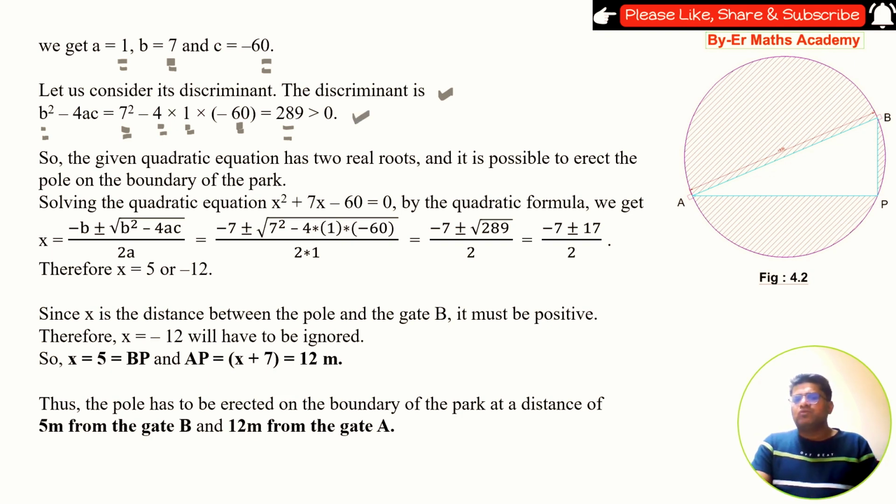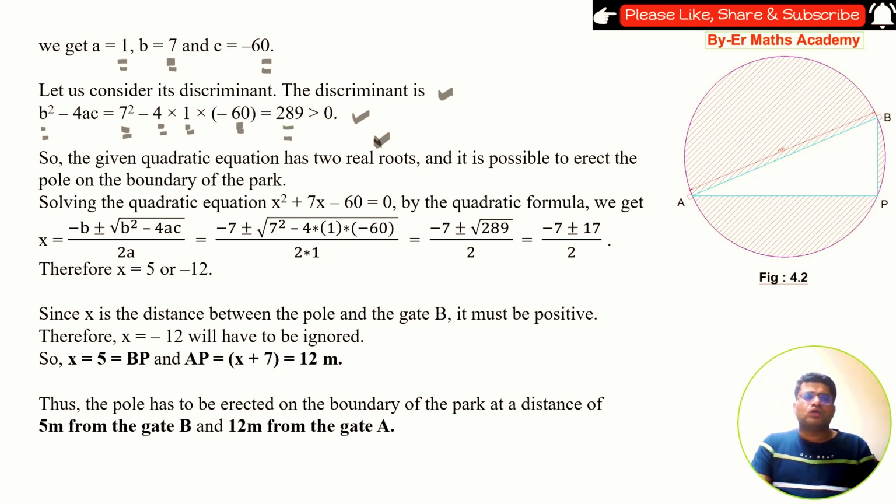What do you say about the nature of the quadratic equation? It has real roots, and both real roots are different. It means we find two different real roots from the required equation.